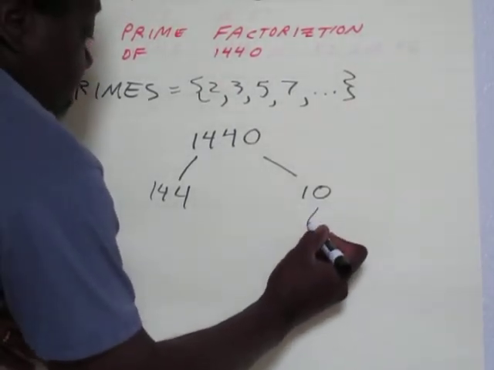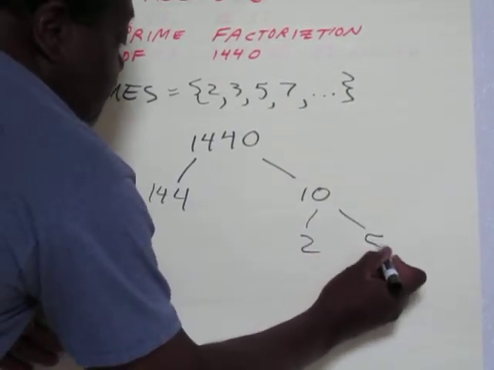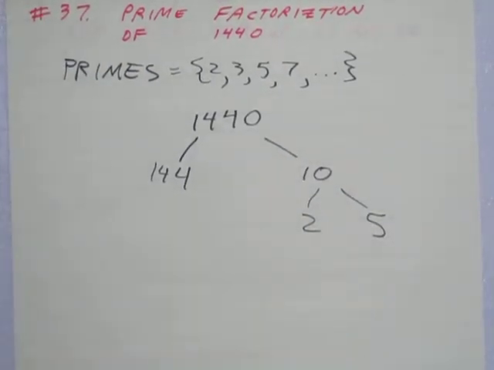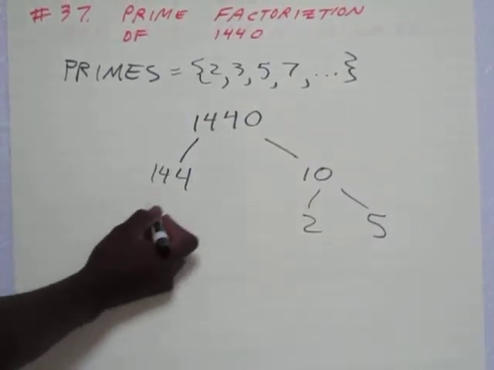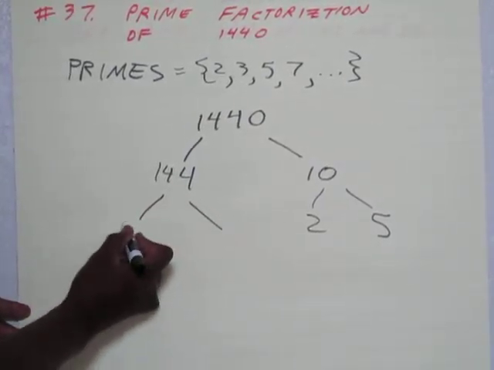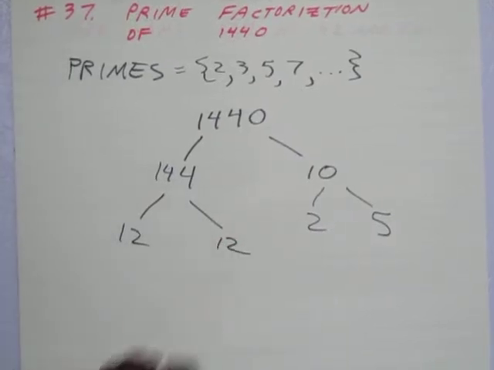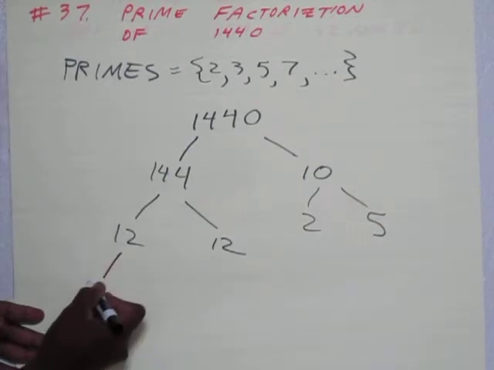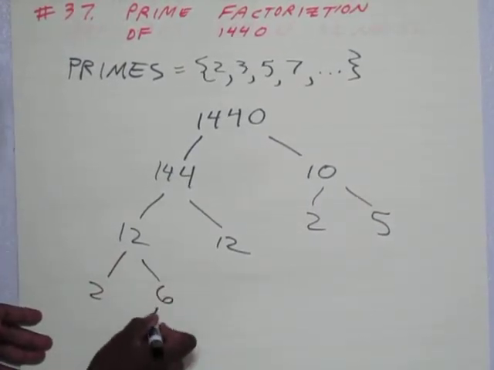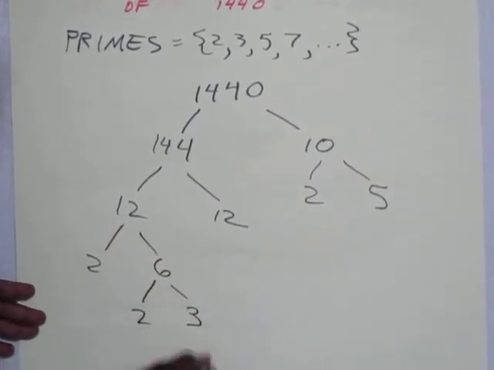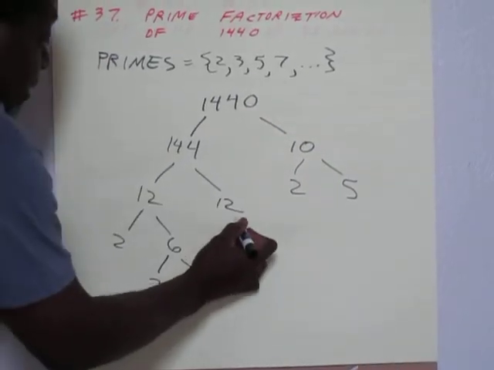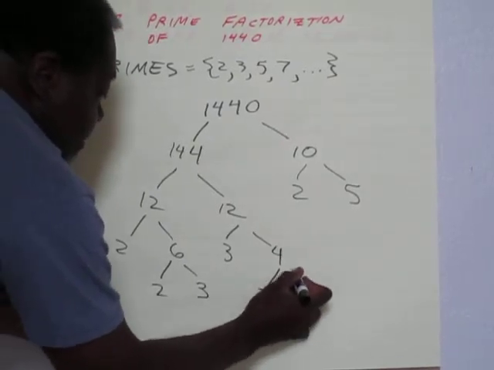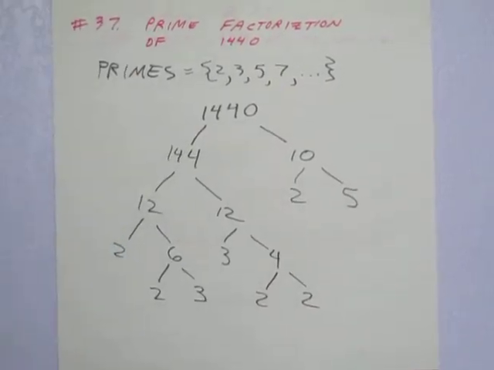You might think of some other different combinations, and that's fine. 10 is not prime. 10 is 2 times 5, and both of those are prime numbers, so that branch is finished. 144, I remember, is 12 times 12, but neither of those is prime. 12 is 2 times 6, 6 is 2 times 3, or 3 times 4 is 12, and 4 is 2 times 2, and it's okay that the order's different.